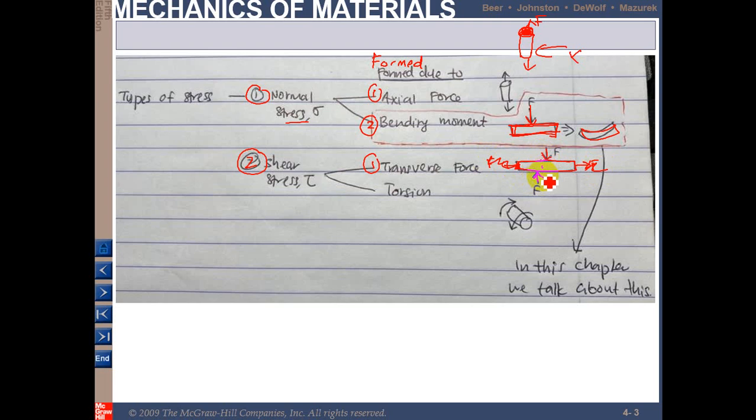So this will break here. This is transverse load. It will cause shear stress and also torsion because you twist maybe at both ends. So basically, for bending moment, it is more likely that you are talking about normal stress.